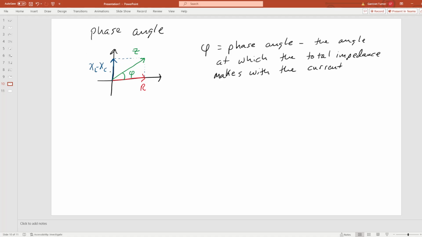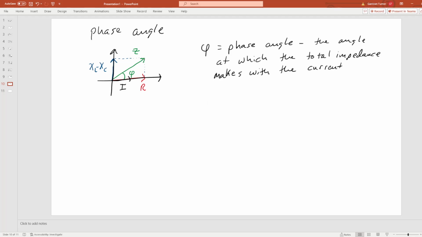And remember, your current will always be in phase with your resistor. So this total impedance does not necessarily have to be in phase with your current, but when you're looking at your RMS values, you will always be able to calculate the same phase angle. And so what angle is this?